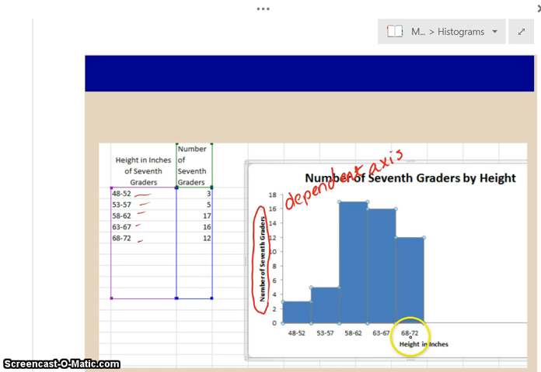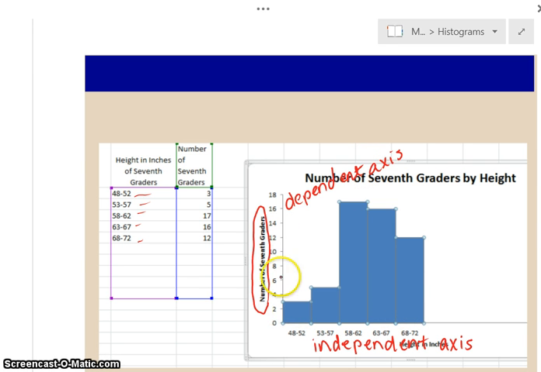And then the axis at the bottom is the independent axis. This is where our intervals are. The number of students is dependent on what height you're looking at.